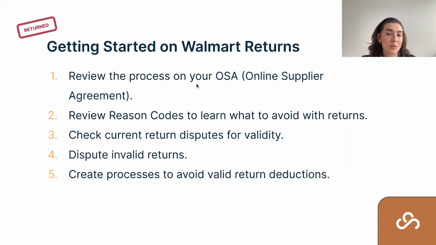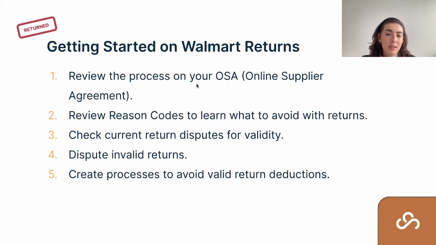But go ahead and take those invalid returns and dispute those. You'll have to gather some proof documentation and talk to different teams, and depending on where and how these returns are coming to you, you'll have to dispute them in some different ways, which we'll get into later in today's presentation. And then the last thing: whether it's valid or invalid, know what process created that fine in your system.